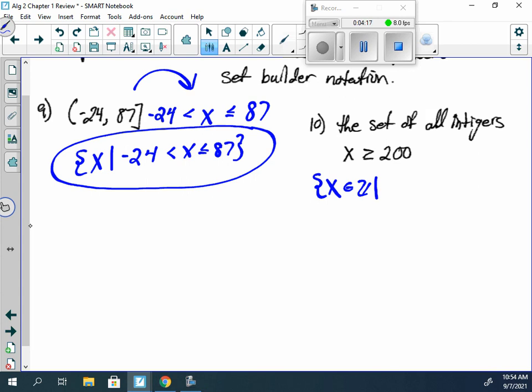Element. So we're saying x is an element of the integer such that x is, since it was already written as an inequality, we didn't have to change it. I just cannot have it as an interval.